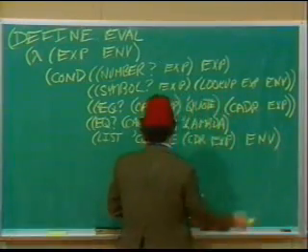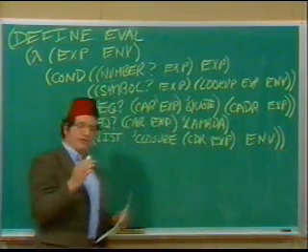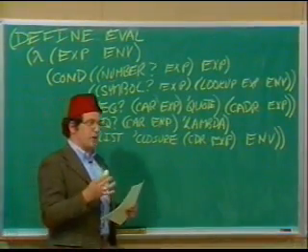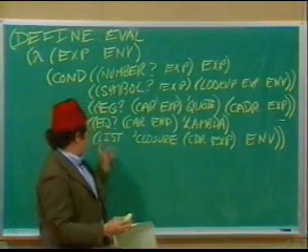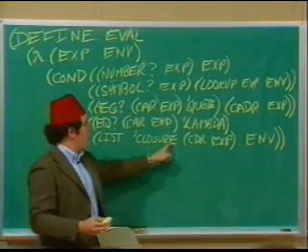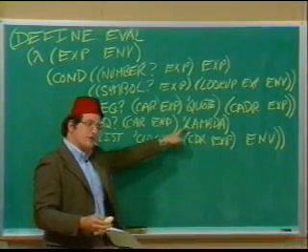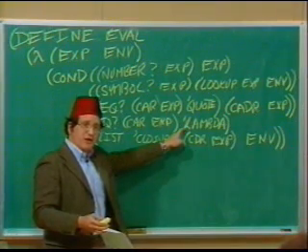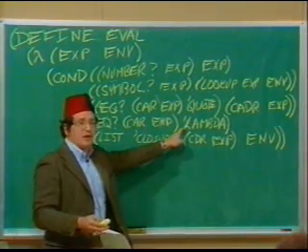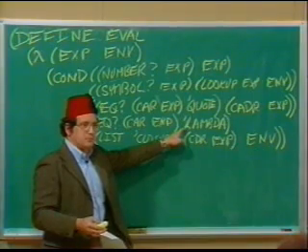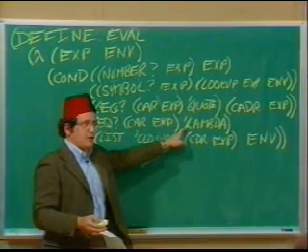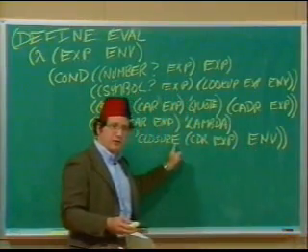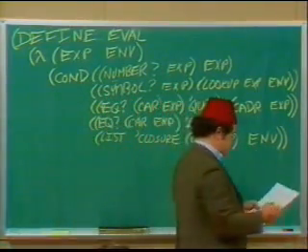This implements the rule for environments in the environment model. It has to do with construction of procedures from lambda expressions. The environment that was around at the time the evaluator encountered the lambda expression is the environment where the procedure resulting interprets its free variables. So that's part of that, and so we have to capture that environment as part of the procedure object. And we'll see how that gets used later.